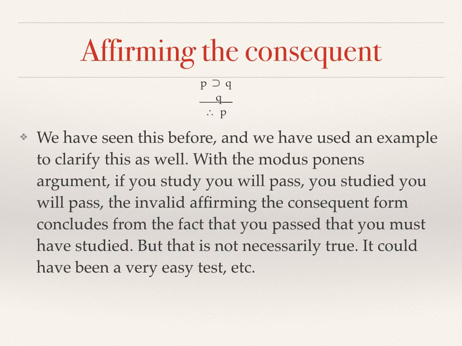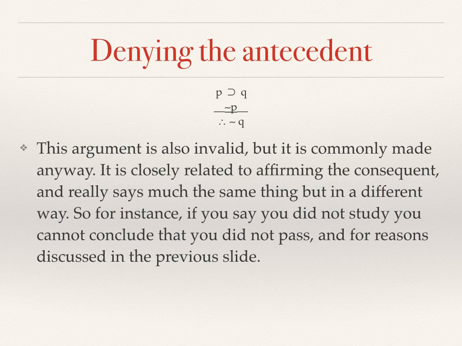Okay. So, we could plug this into an indirect truth table analysis, and we would be able to make the premises true and a false conclusion. And so you might try that just for fun in order to see how the truth tables are related to these argument forms. The other one, this is the one that we did do. We were able to show that this was an invalid argument form.